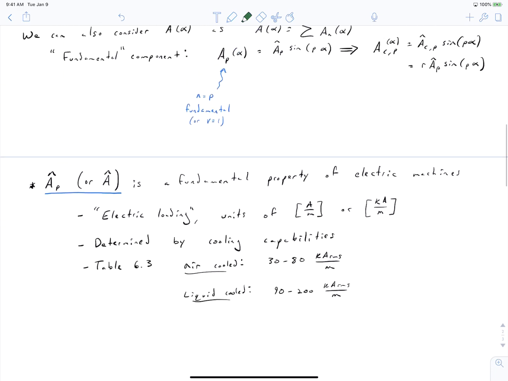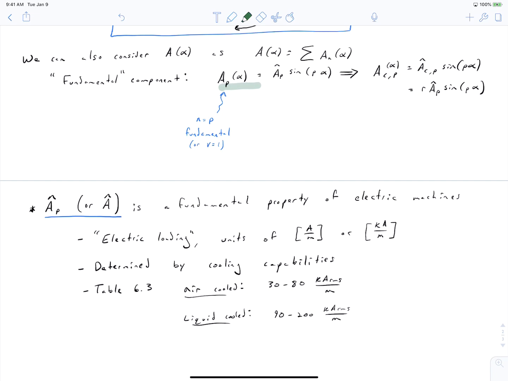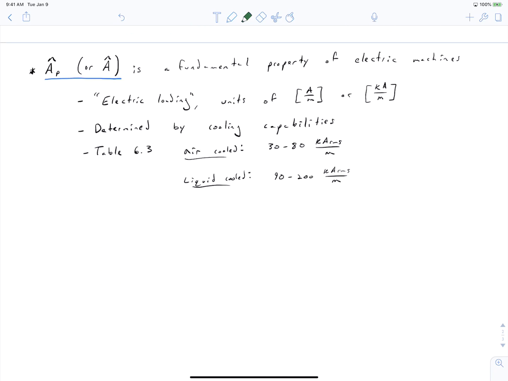And then noticed that we can decompose this into its harmonic components. And the fundamental component is the component that appears at the number of pole pairs of your machine. And then we defined this fundamental component as being the principal electric loading of our motor, and talked about how we can relate that to well-established design rules of thumb for what you can do based on your cooling level.